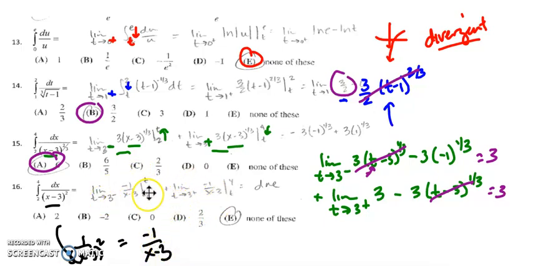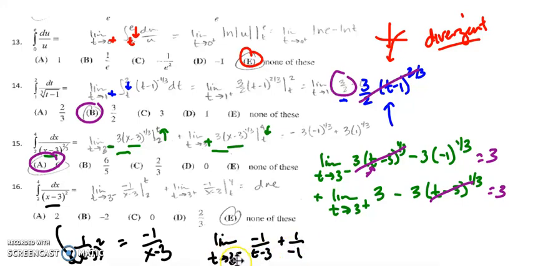I shortcutted that for the work I showed you, but that's how I got to this. And then what ends up happening is if I plug in t, I have the limit as t goes to 3 from below of -1 over t minus 3 minus a -1, so plus 1 over 2 minus 3.